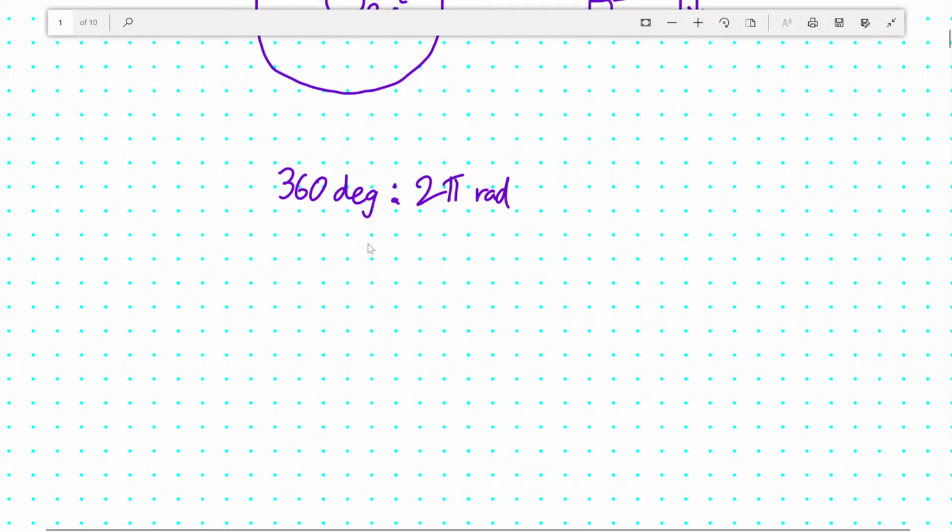So say you wanted to find how many degrees are in 1 radian. Well, you can divide both sides of the ratio by 2. And then divide them by pi again.